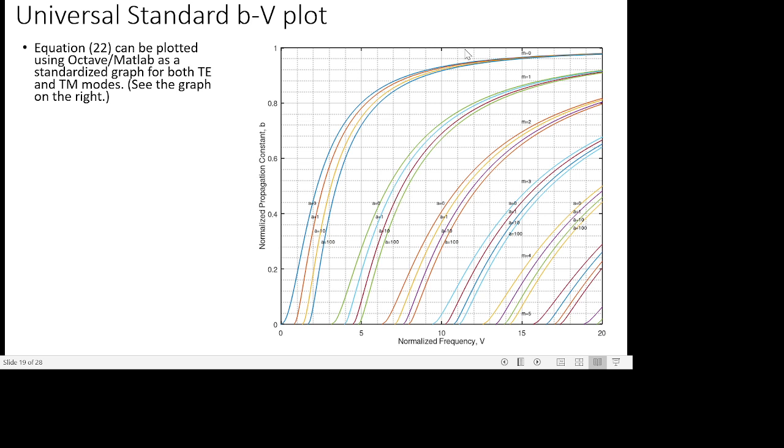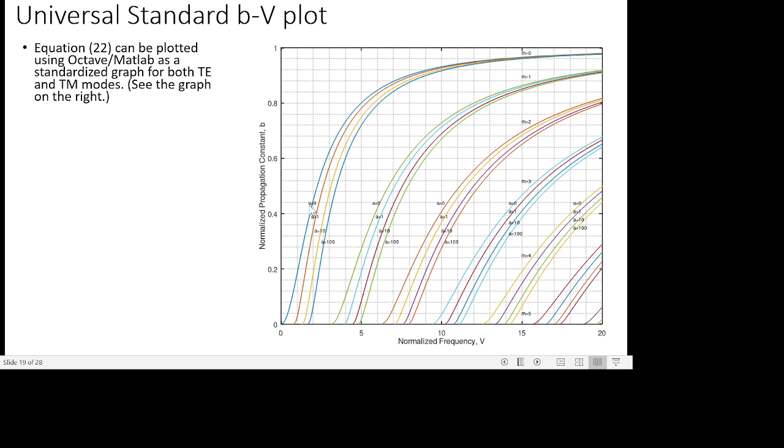And I'm going to briefly describe what this equation looks like. Basically, you have multiple modes, and associated with each mode is a family of curves for different asymmetry factors.